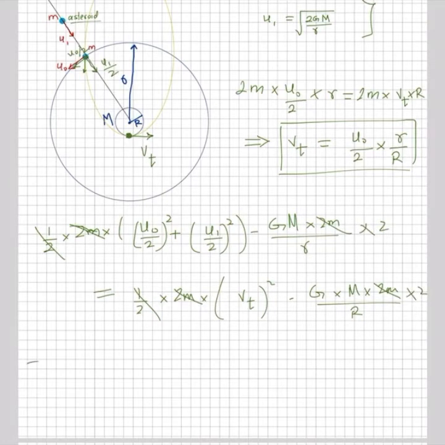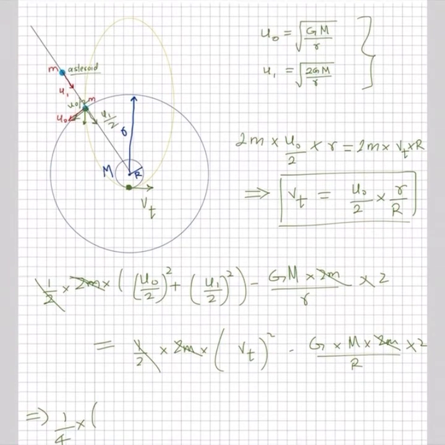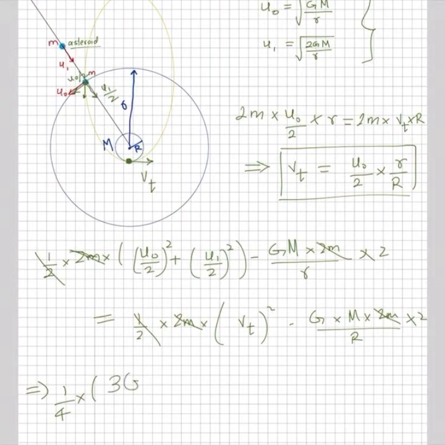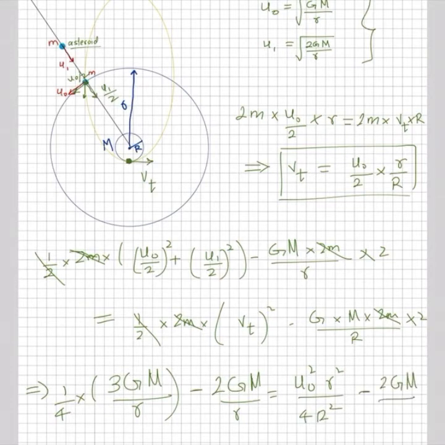So we get 1 by 4 times u0 squared plus u1 squared, which will give us 3 GM upon small r, and minus 2 GM over r, equals vt squared, which is u0 squared r squared by 4R squared, minus 2 GM over capital R.